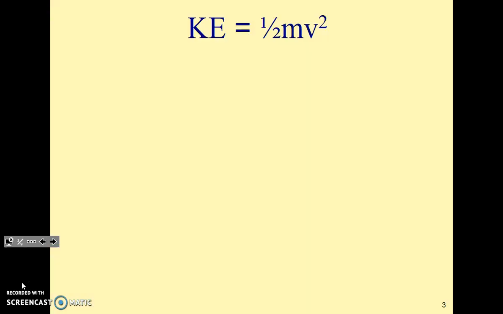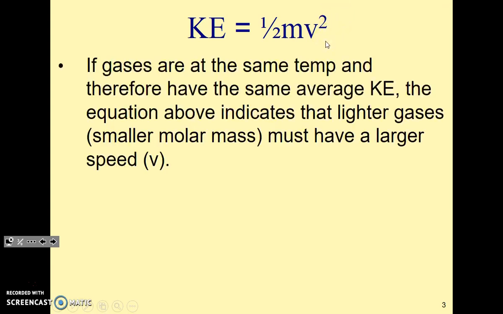Here's the formula for kinetic energy: kinetic energy is equal to 1/2 the mass of the particles times the velocity, or speed, of the particles squared. From this formula, we learn that if two gases are at the same temperature, they have the same kinetic energy, but the lighter gas has to be moving at a faster speed.